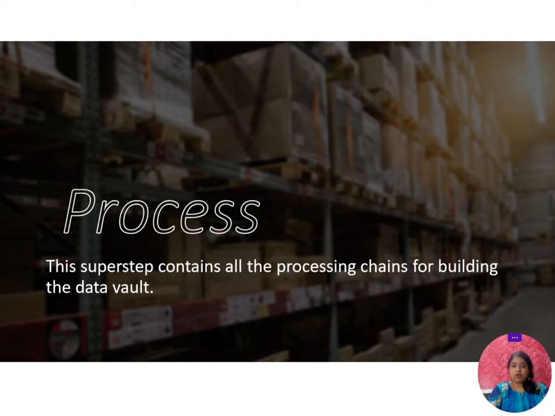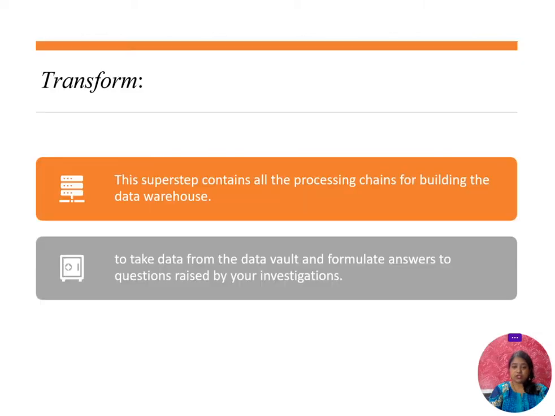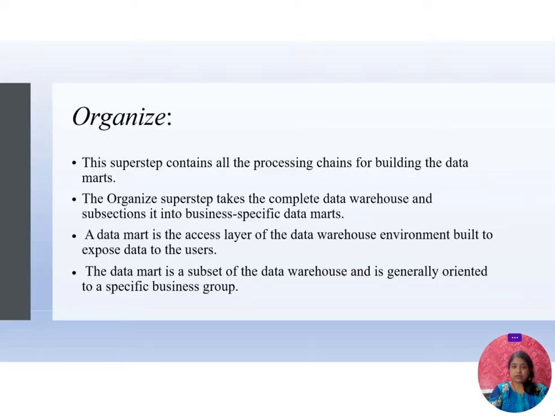It contains all the processing chains for building the data vault. Then transform. This super step contains all the processing chains for building the data warehouse. It takes data from various data vaults and formulates answers to questions raised by the investigations.